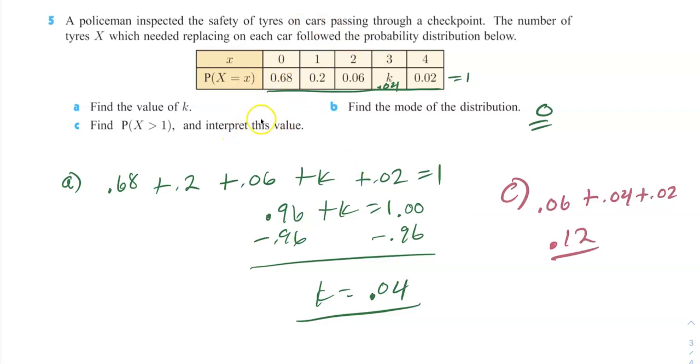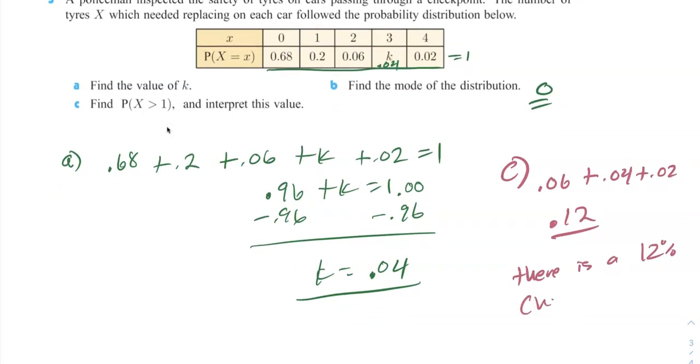So there's a 12% chance you need more than 1 tire replaced. Or you could say 2 or more. It depends how you want to write it. So there is a 12% chance you need, you could say, at least 2 tires or more than 1 tire replaced.